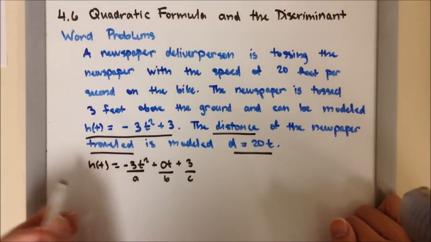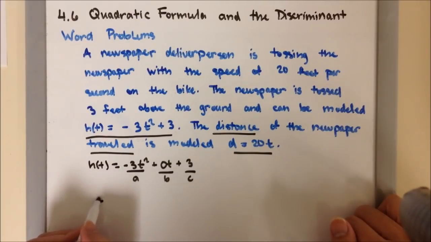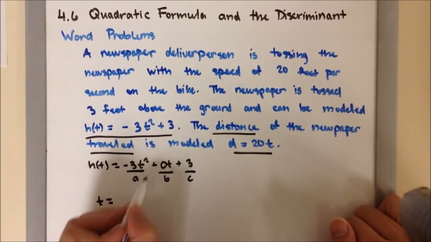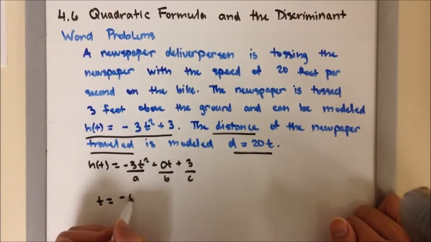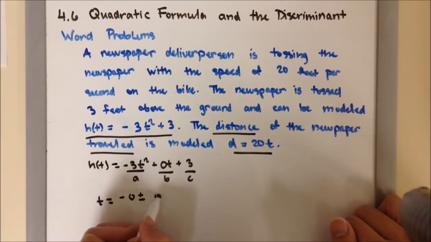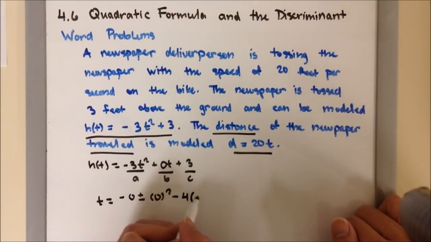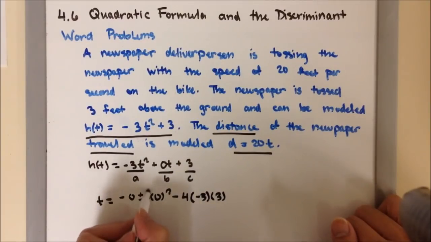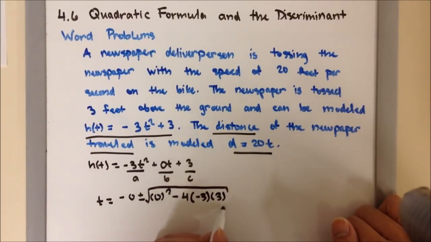Since we're using t, I'm going to use t instead of x. So t equals my negative b, which is 0, plus or minus the square root of 0 squared, minus 4 times my a, which is negative 3, and then my c, which is also 3, inside the square root, over 2 times negative 3.